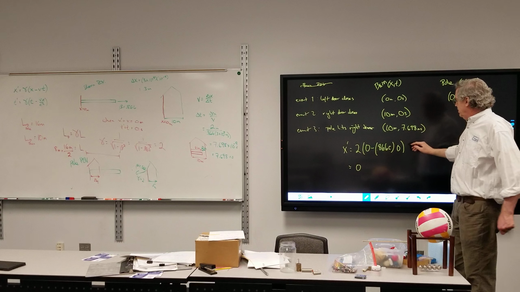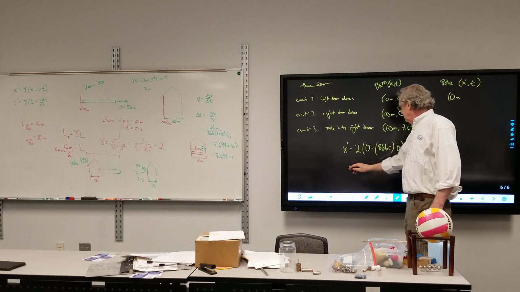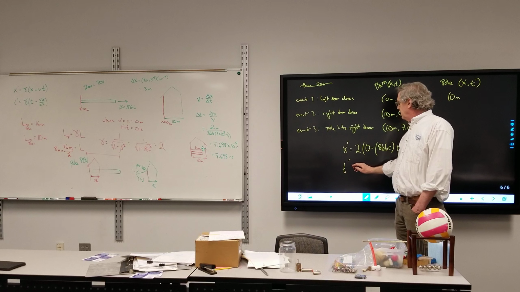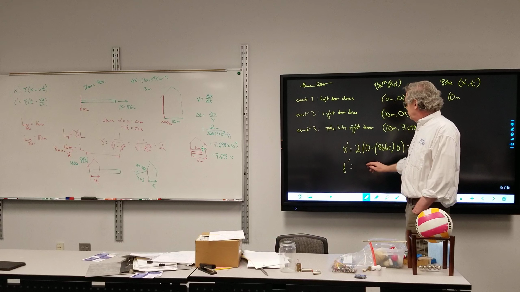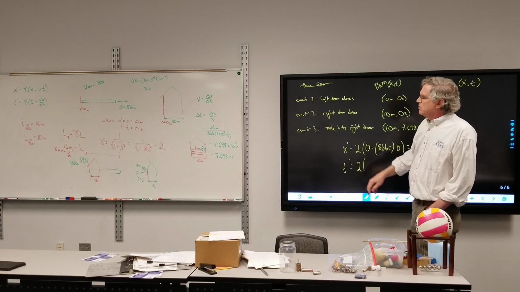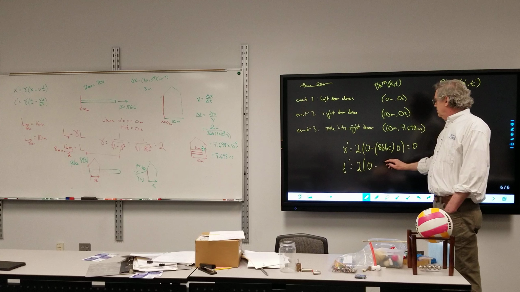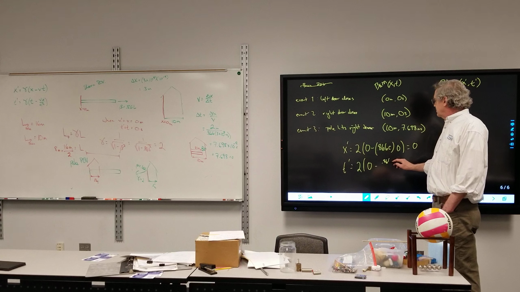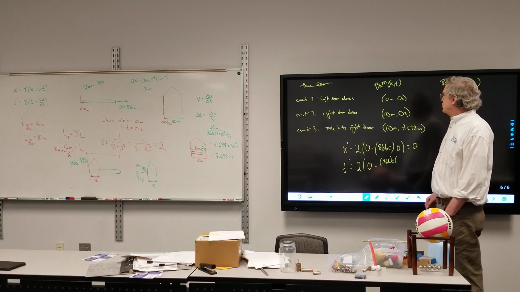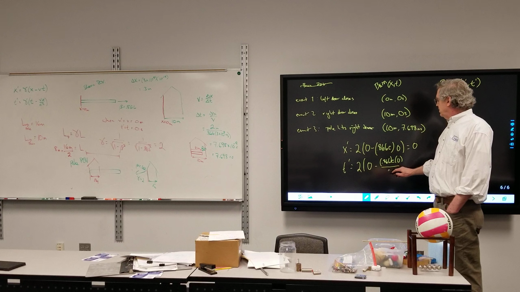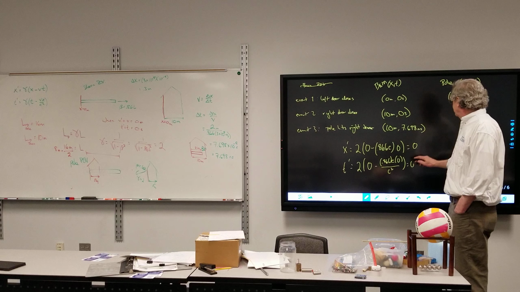To get time, I have 2 times time, which is 0, minus 0.866 times the speed of light, times the position, 0, over the speed of light squared, and you'll see that that's 0 also.